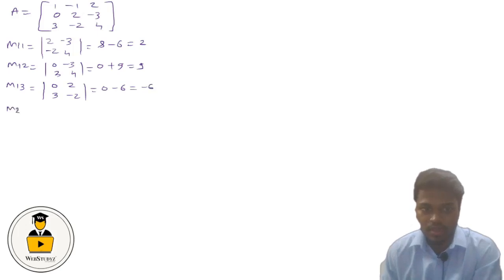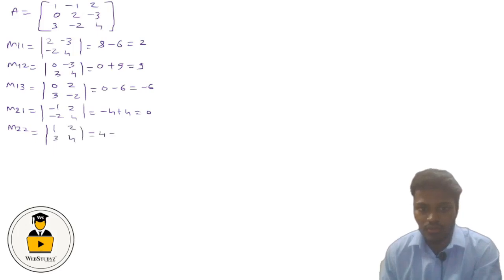Then M21 will be second row, first column. So this is -1, 2, -2, 4. So this is minus 4 plus 4 which is 0. Then M22 is 1, 2, 3, 4.